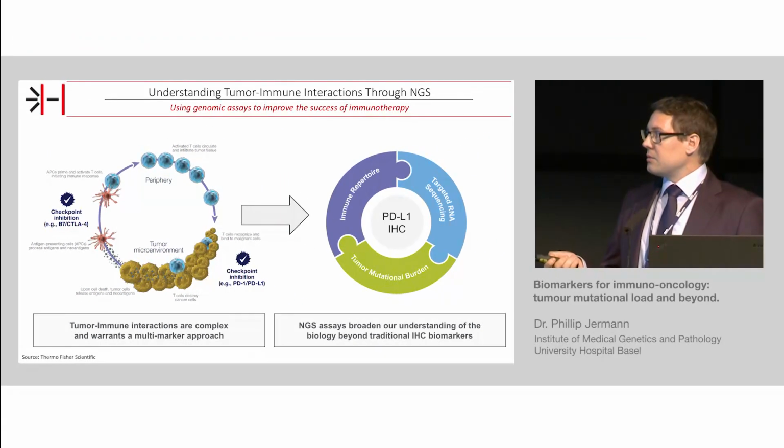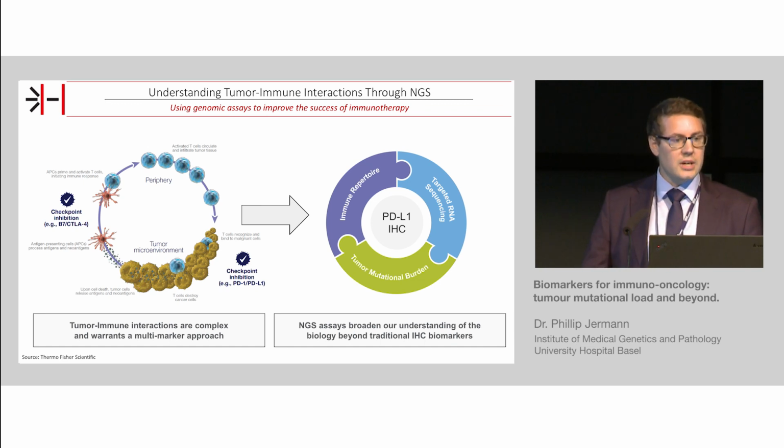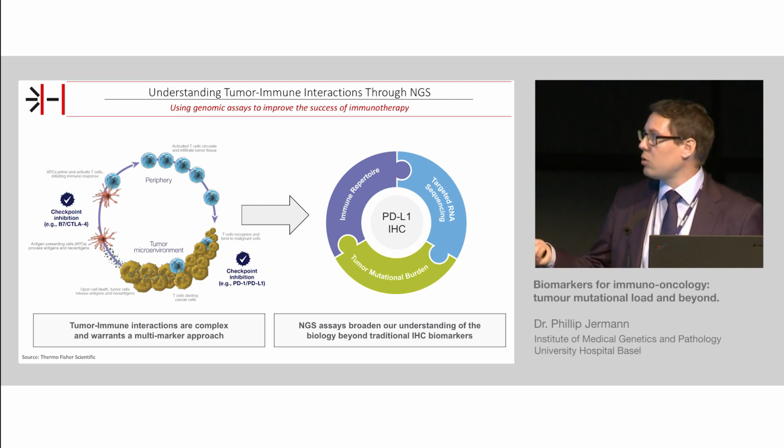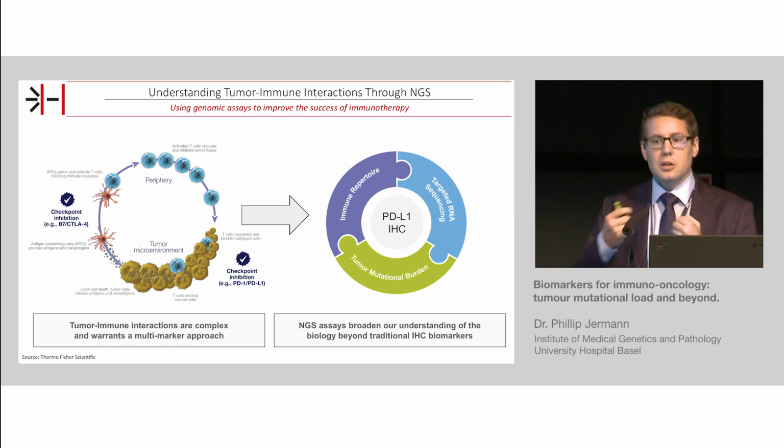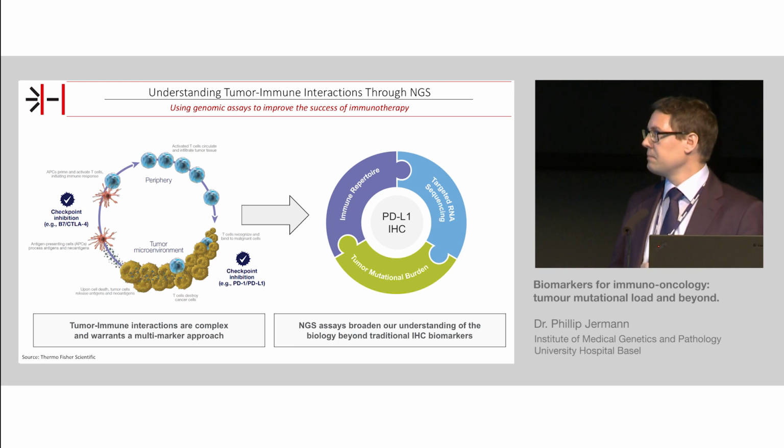So these immune checkpoint proteins are in fact the targets of immuno-oncology therapy drugs, as we all know. For example, PD-L1 inhibitors, PD-1 inhibitors. So what they do is they basically block these immune checkpoint proteins and reactivate and enable the T cells again to be active and fight the cancer cells.